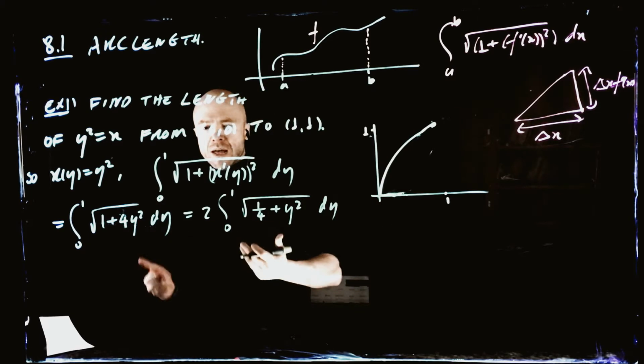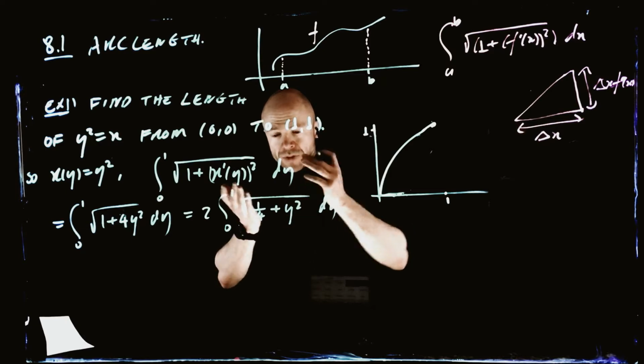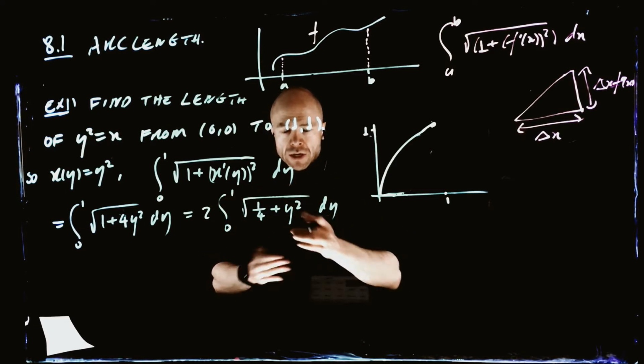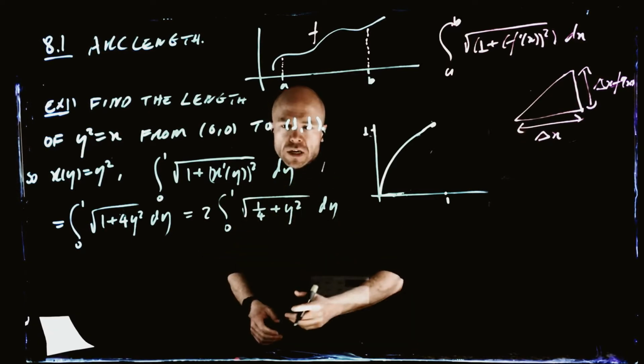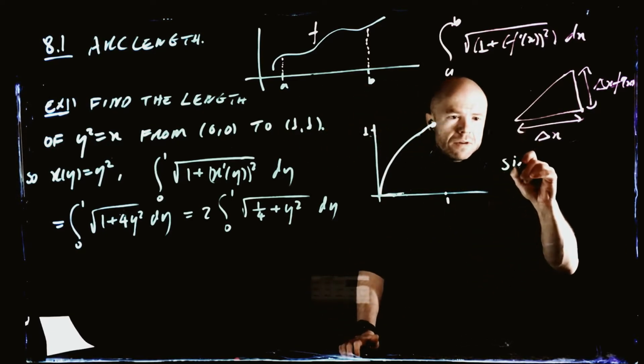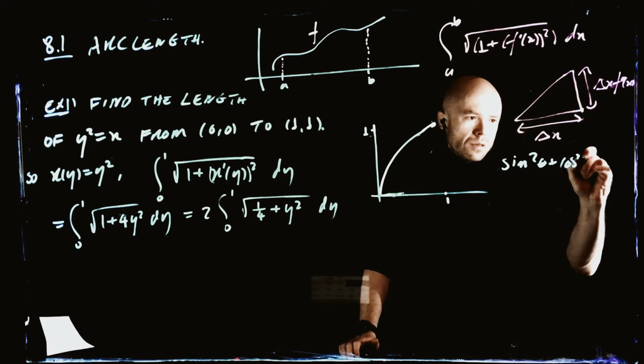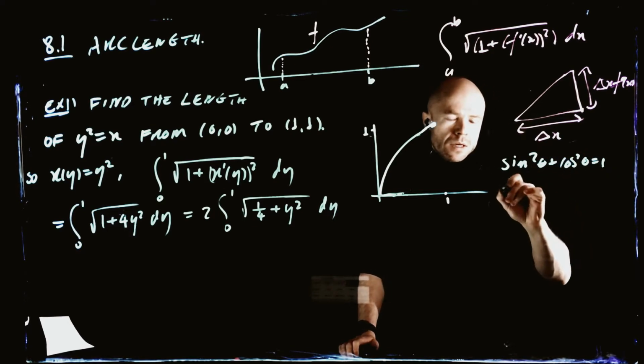And then to go forward, we're going to have to do a trig substitution, right? This is exactly the kind of format of a trig substitution. So can you see what is going to be the reasonable trig substitution to use here? So for trig substitutions, we have our two identities.